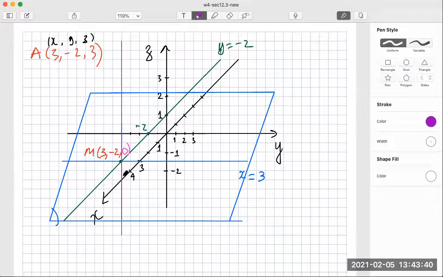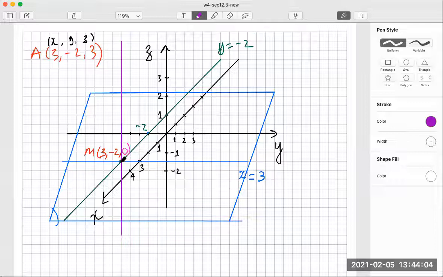Do you all see it? Okay. And if we are looking for the point A here, 3, -2, Z is equal to 3, this point A should belong to the purple line. You see?